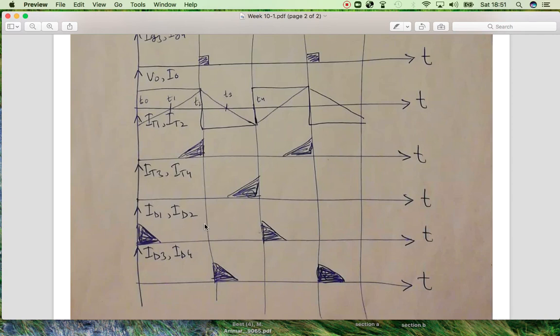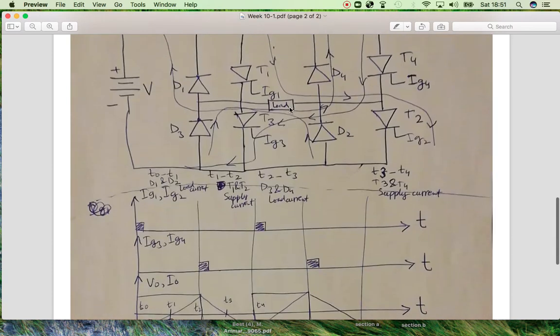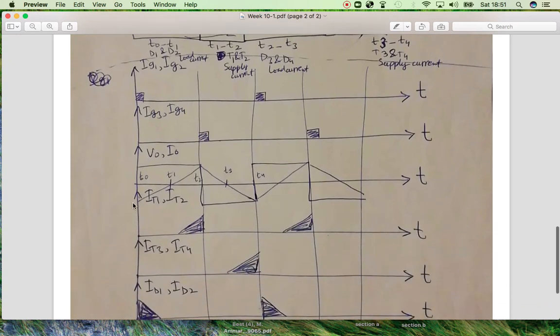So I can revise over here that if we have a complex load, an RLC load over here, then the waveform of the voltage will be a kind of square wave, and the waveform of current will be a kind of triangular wave like this.